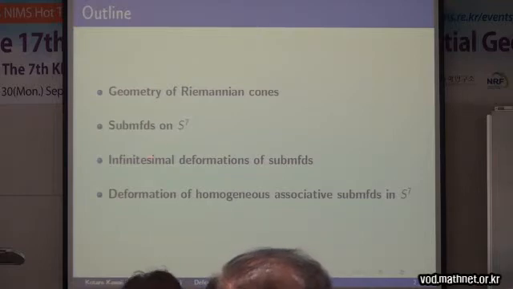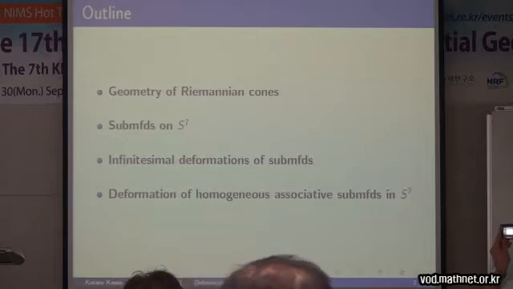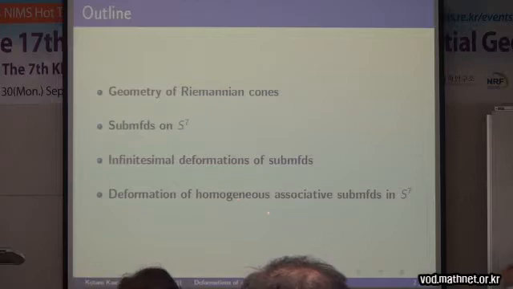Next, after defining some submanifolds, we study infinitesimal deformations of these submanifolds, and finally, we study deformations of homogeneous associative submanifolds. In the homogeneous case, we study the deformation space explicitly.